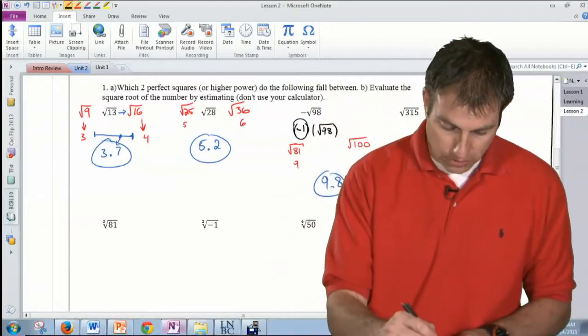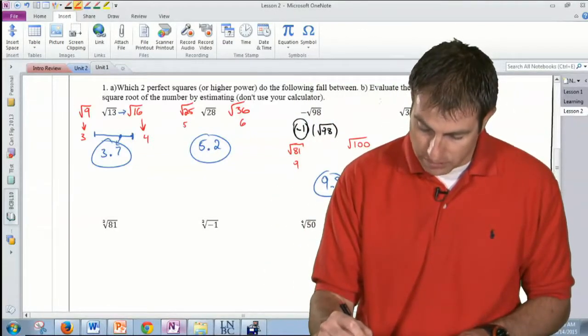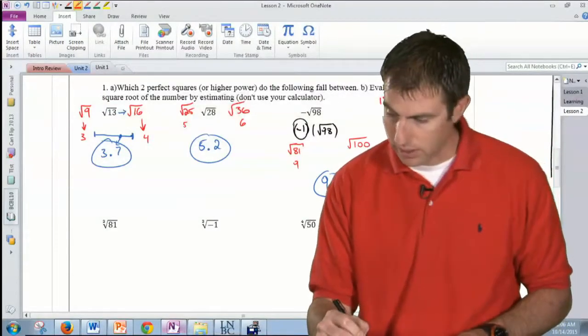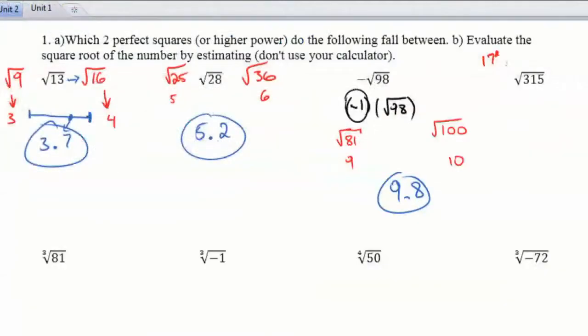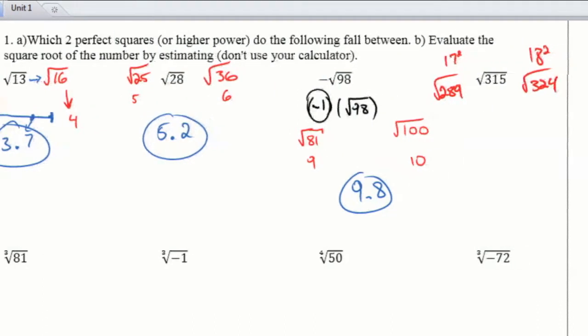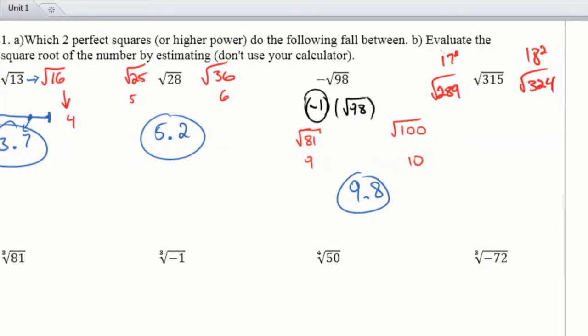What I can tell you for this one up here is 17 squared is 289. And of course, you'd have to just plug these into your calculator. 18 squared gives us 324. So what you'd have to do is keep squaring numbers until you got to the 315.